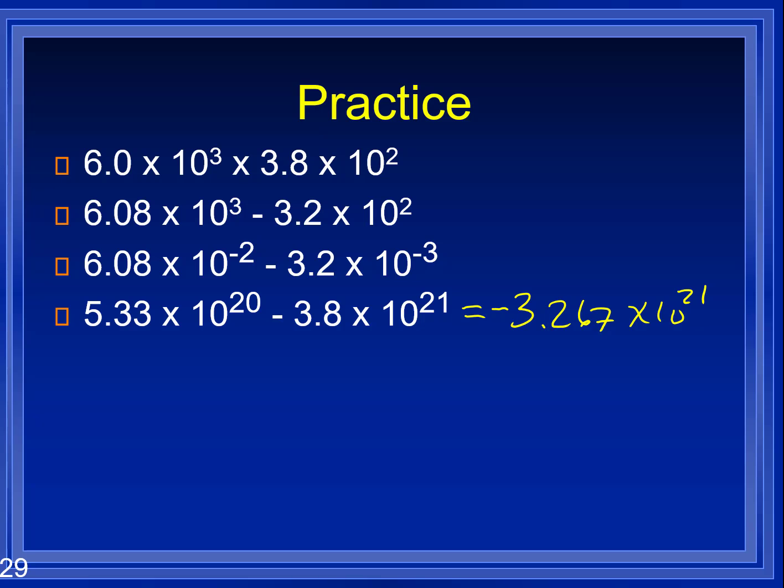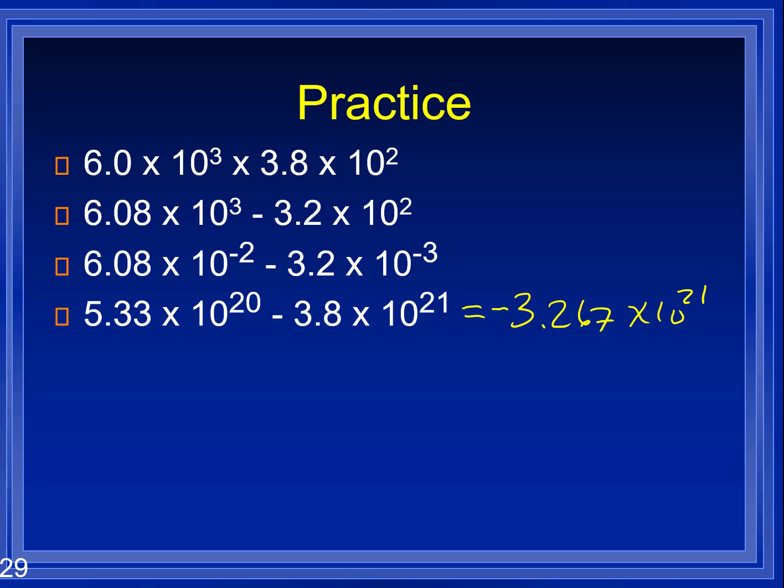Why is this negative? Yeah, the second number is bigger than the first number. 10 to the 21st is bigger than 10 to the 20th. So if I take a bigger number from a smaller number, I get a negative number.